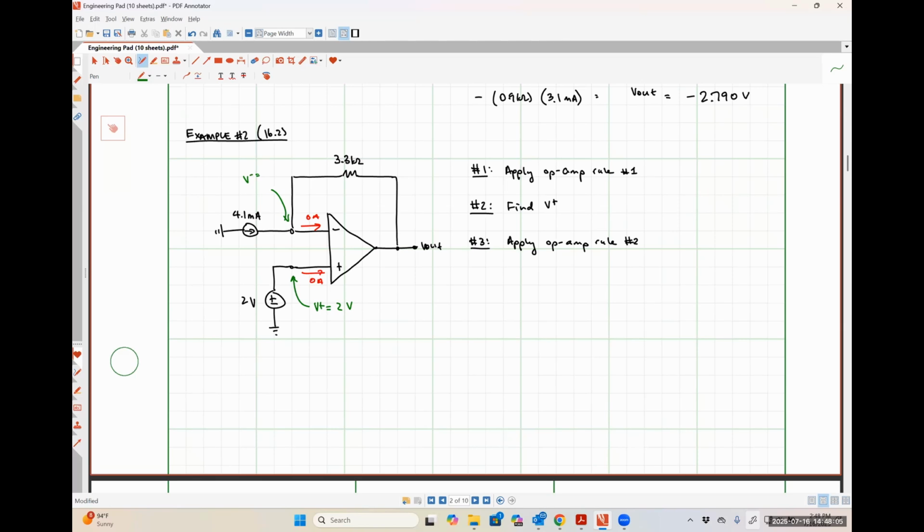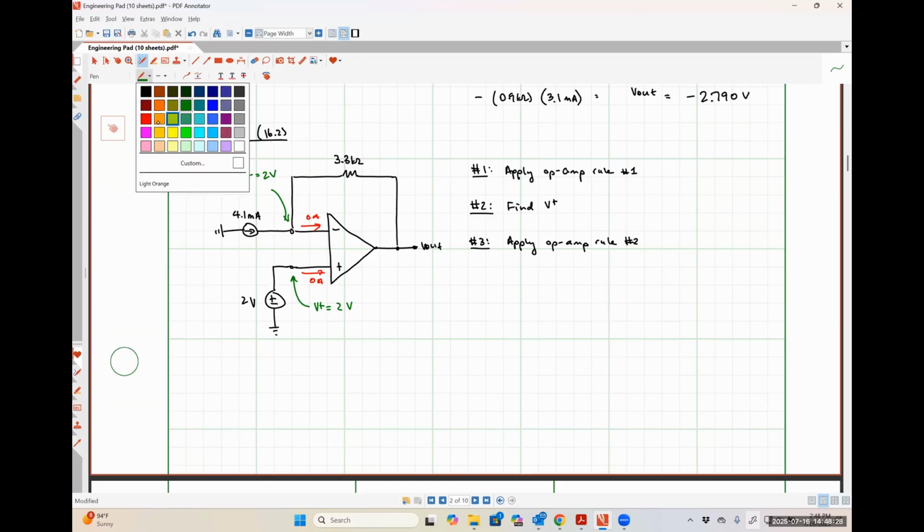Also 2 volts. Thank you, Trevor. So it has to be also 2 volts because if V plus is 2 volts, then V minus has to be 2 volts in order for op amp rule number 2 to be satisfied. So whatever voltage we find at the non-inverting input automatically gets applied at the inverting input.